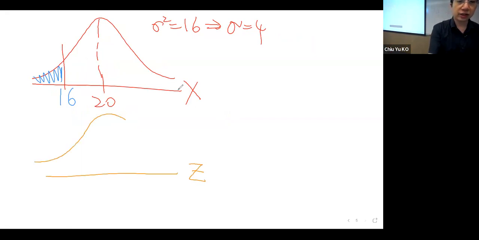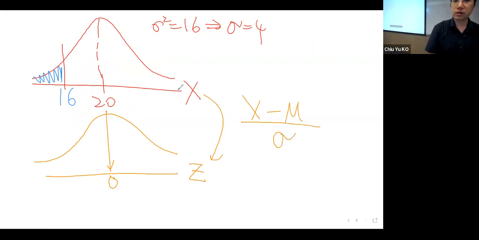I'll draw it here again, where 20 becomes 0. How do you transform this? It is X minus mu over sigma. 20 minus 20 over 4 is 0. What does 16 become? 16 minus 20 over 4 is -1.